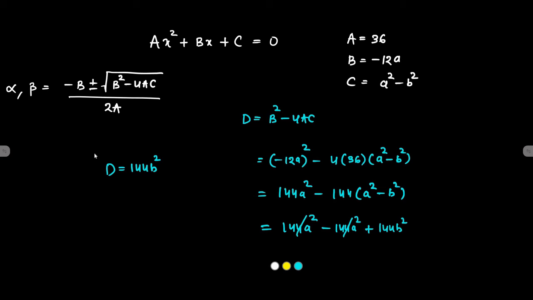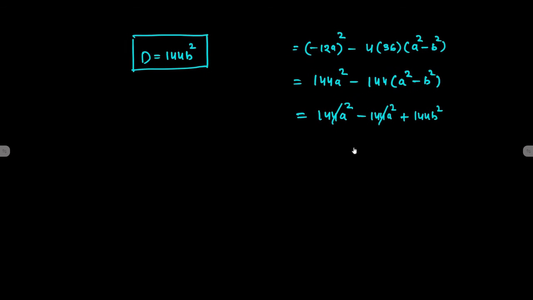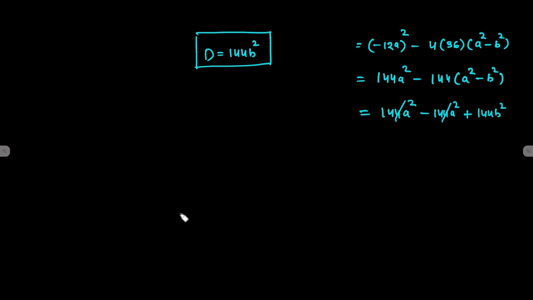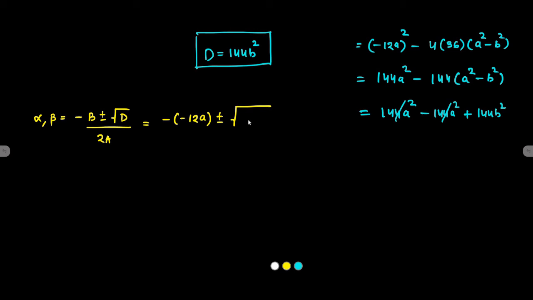So the two roots of the quadratic equation will be equal to, alpha beta equal to minus B plus minus root over of D by 2A, which is equal to minus B is minus minus 12a, plus minus root over of 144b square, by 2A is how much? 2 into 36.